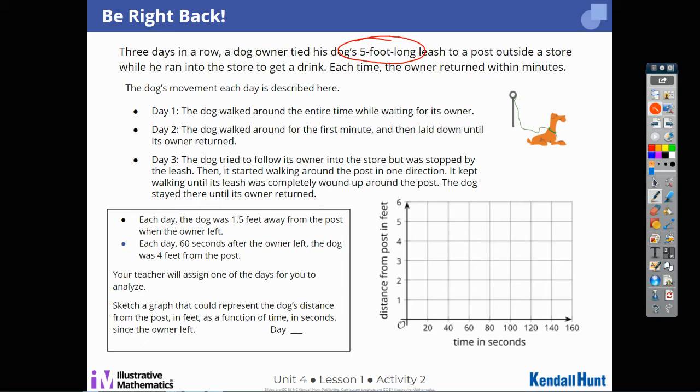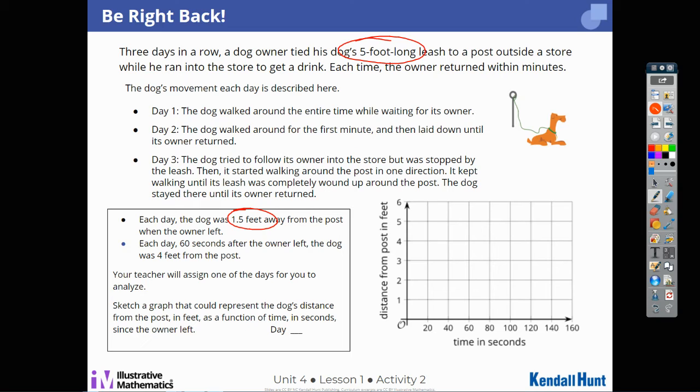Day 2, the dog walked around for the first minute and then laid down until the owner returned. Day 3, the dog tried to follow his owner to the store but was stopped by the leash. So each day, the dog was 1.5 feet away from the post when the owner left. So what time is it going to be when the owner left?